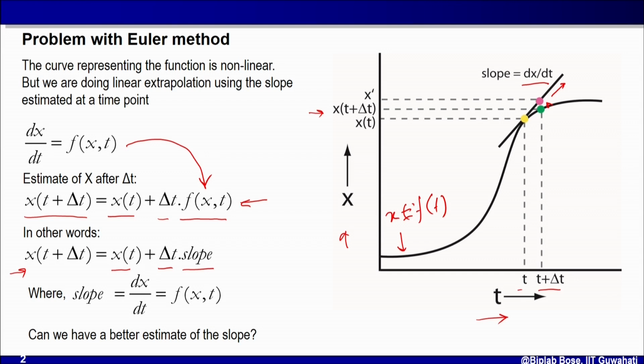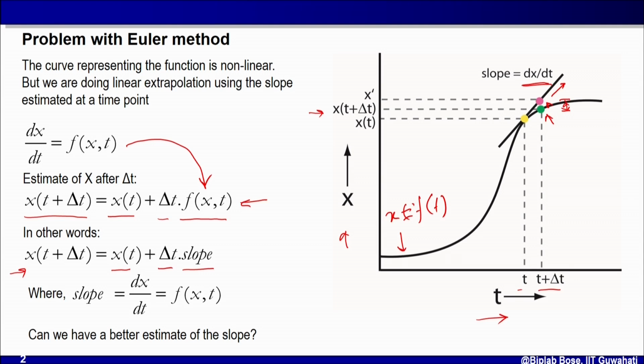Now as we can see, obviously as we are following this tangent, this slope, we are getting a value slightly higher than the real value of x, which is shown by green. So you can see there is a difference between the pink dot and the green dot. This error is coming because from the yellow point you are doing linear extrapolation along the tangent having a slope dx dt.